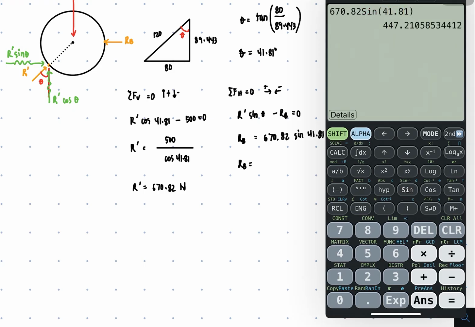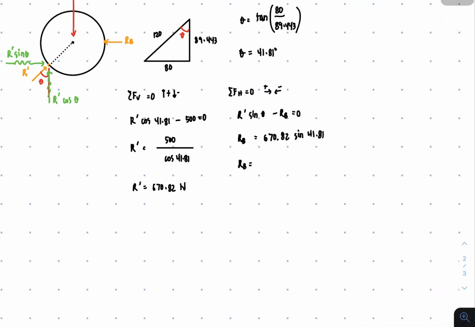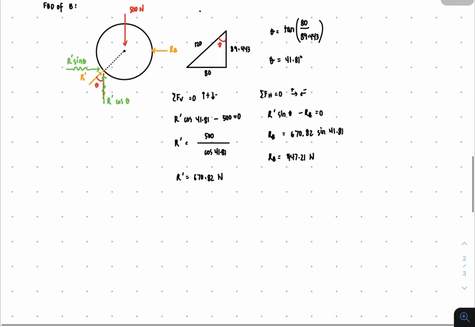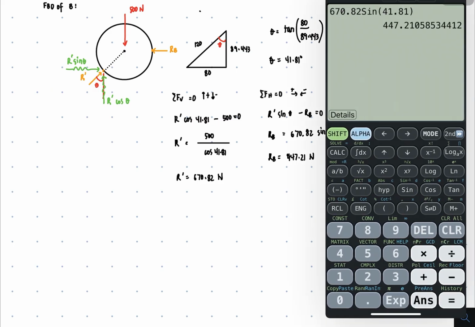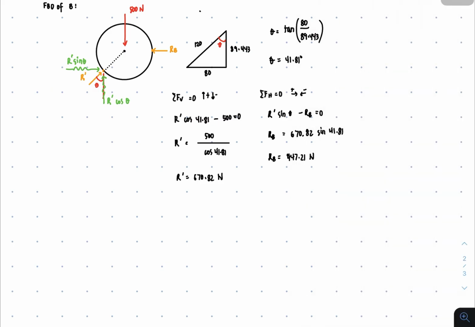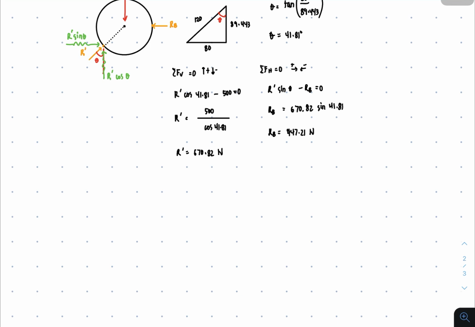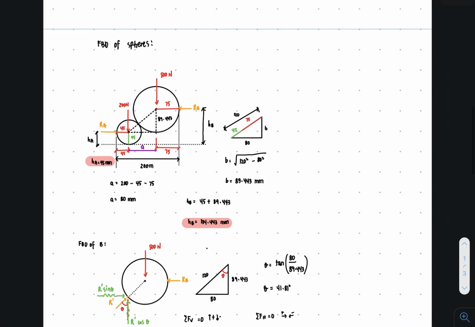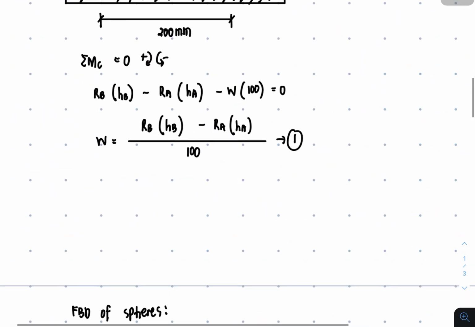The answer is 447.21 newtons. So we now have the value of RB, which is important with the equation here.